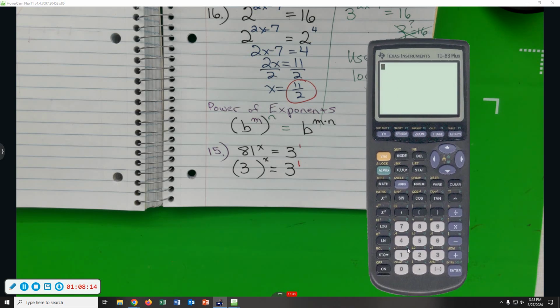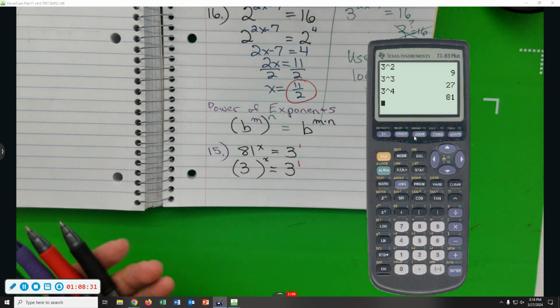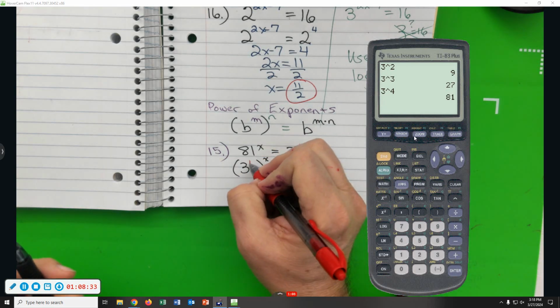Well, 3 squared is 9, we know that. 3 cubed is 27. Another 3, 3 to the fourth, I agree, is 81.